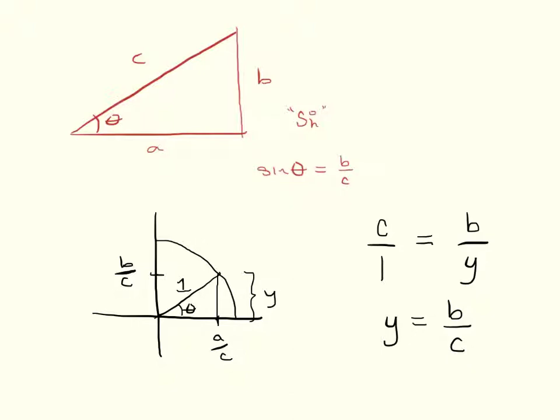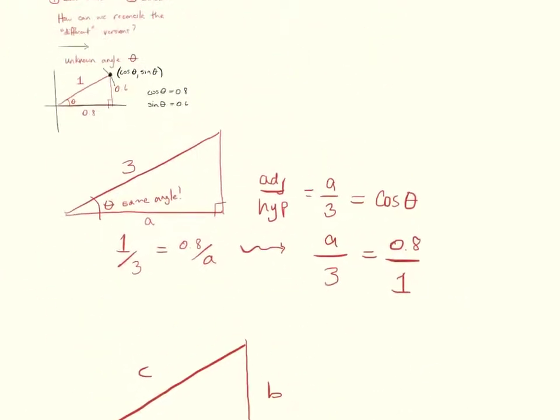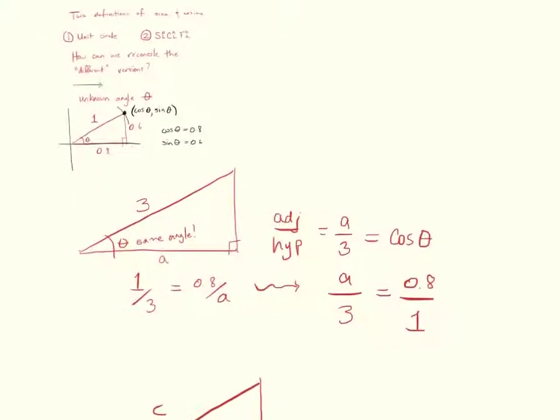Just to recap, the whole point of this video was that in the first situation, I started with a point on the unit circle, and I said, here's cosine of theta. Why is cosine of theta also adjacent over hypotenuse? Because here it's just an x-coordinate, and I had to think about similar triangles to figure out why an x-coordinate suddenly becomes the fraction adjacent over hypotenuse.